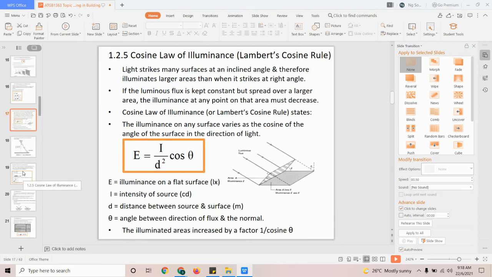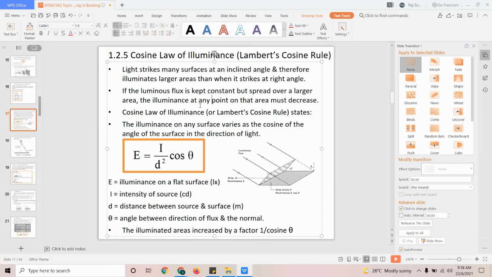Okay, so secondly, we have the cosine law of illuminance, or we call it Lambert's cosine rule.